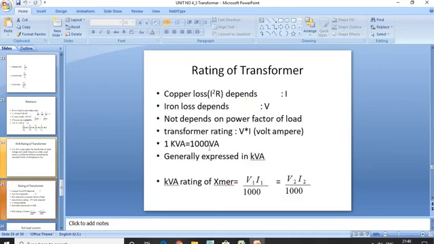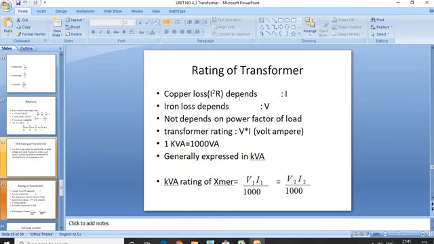Now the question is why the rating of the transformer is in kVA. Now the rating of any equipment depends upon the temperature rise. Now in case of transformer, whenever there is a transfer of electrical energy from primary to secondary, some losses take place, and due to those losses there is a temperature rise in the transformer.